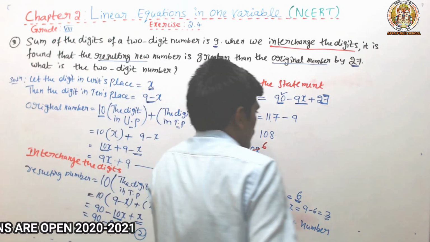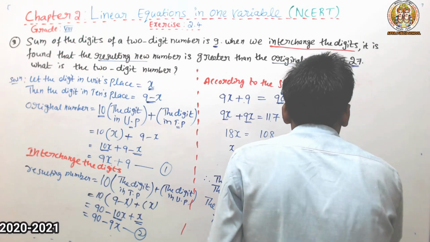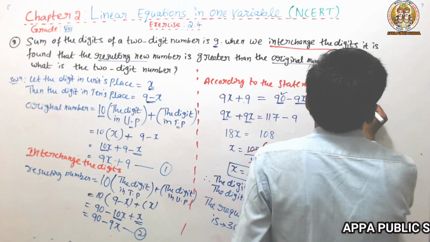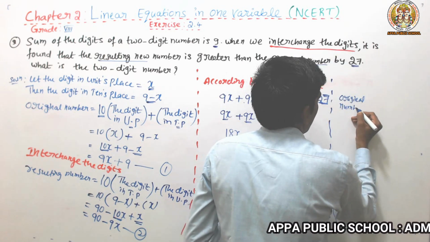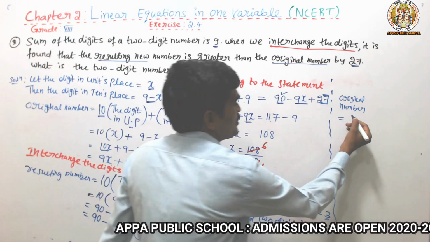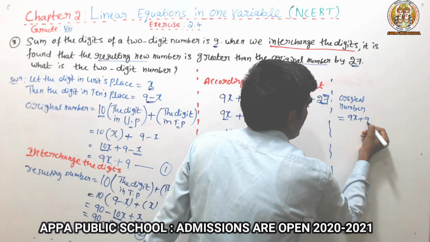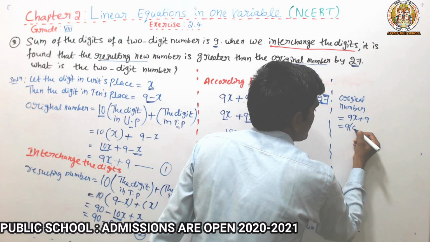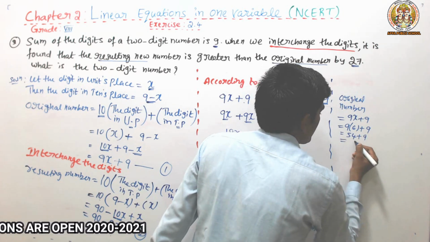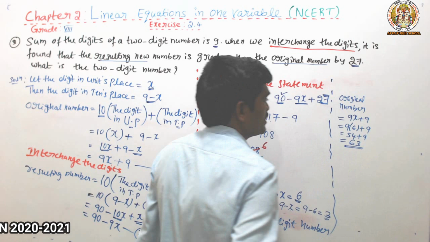See, original number is equal to, see what we want, 9x plus 9. 9 keep as it is, x value is 6, plus 9. 9 sixes are 54 plus 9. 54 plus 9 we get 63.